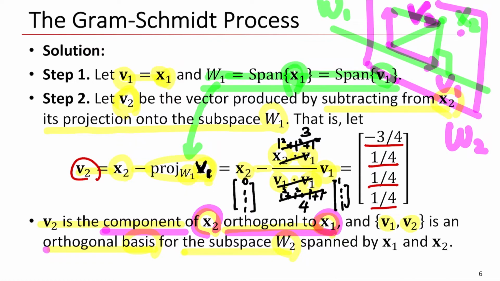So v1 and v2 are an orthogonal basis for the subspace W. Okay, so now we have found the orthogonal basis v1 and v2, and then what next?